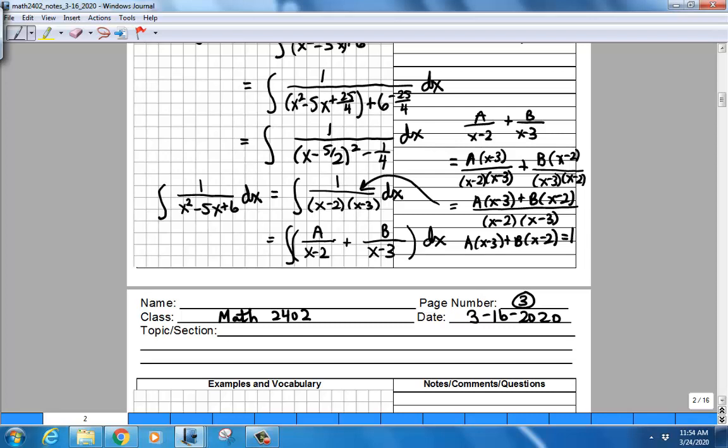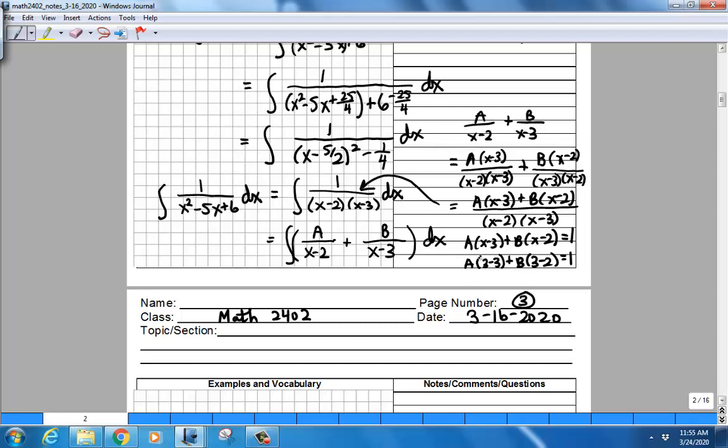So what I'm going to do is make a strategic choice and substitute for x. A strategic choice here would be letting x be 3. So I'm going to let x be 3 and substitute that into this expression.